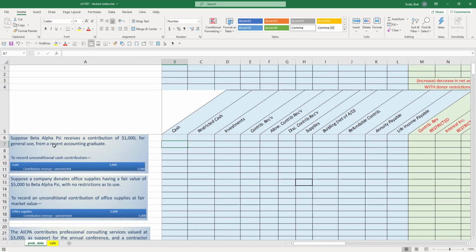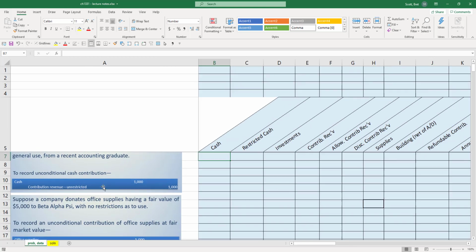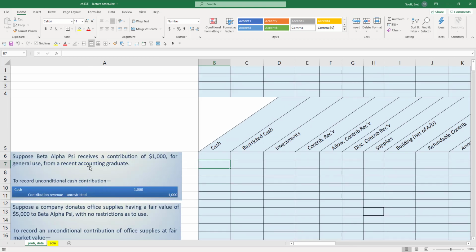So the first situation we have here is Beta Alpha Psi, which is a not-for-profit corporation that allows certain chapters to operate independently. We here at Texas Tech do not have a Beta Alpha Psi, but Beta Alpha Psi is a not-for-profit corporation that has chapters at various colleges where accounting is taught.